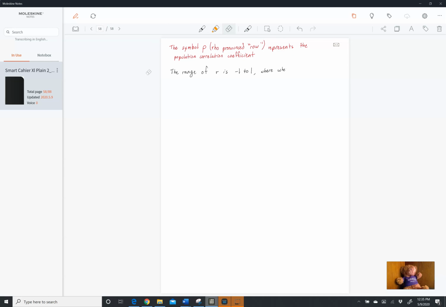When R is close to 1, there is a strong positive linear correlation.